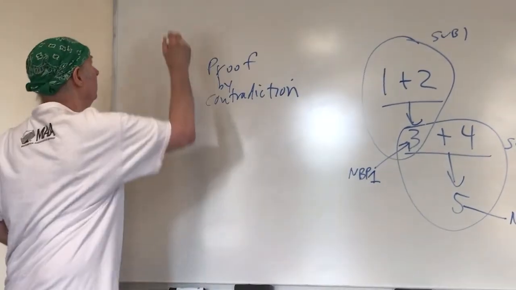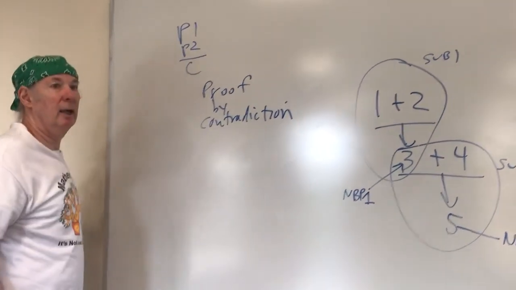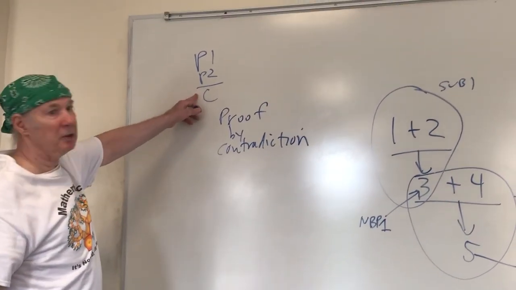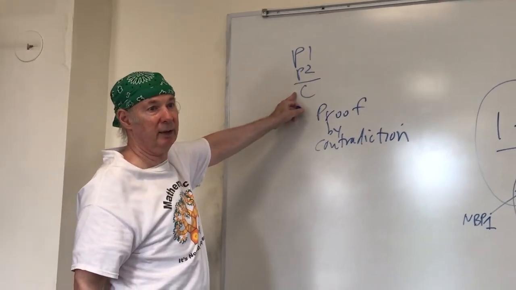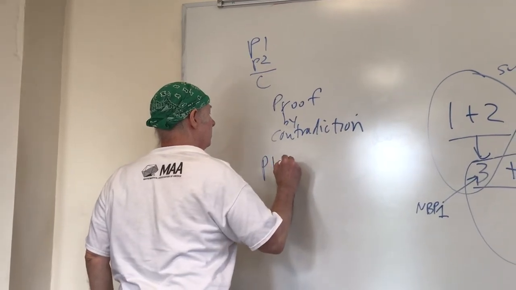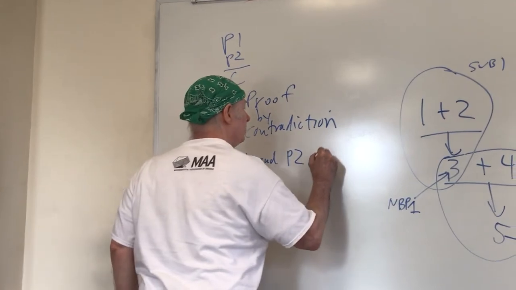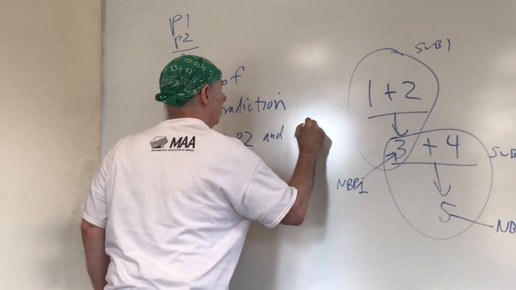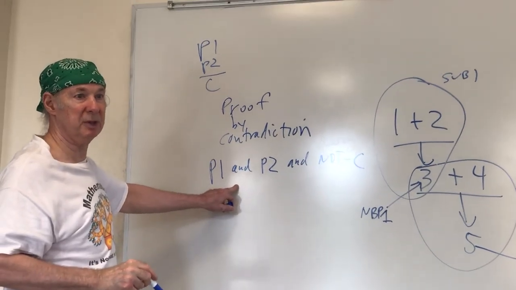So in a proof by contradiction, you have some argument, and suppose that you just can't figure out whether it's valid or invalid. What you do is you take your original set of premises and add to it the negation of the conclusion. That's your new set of premises.